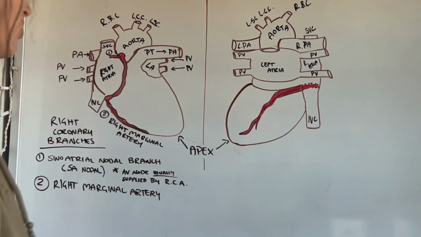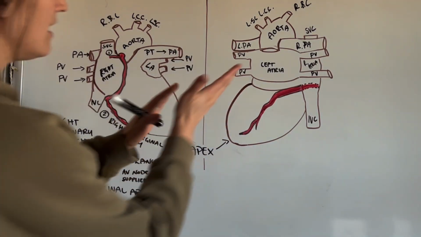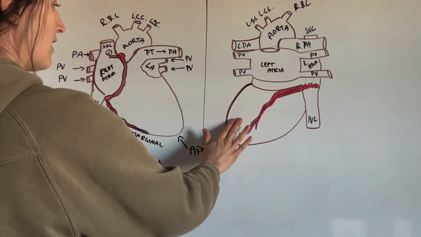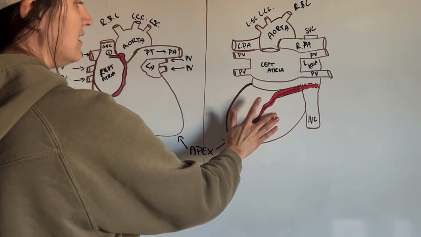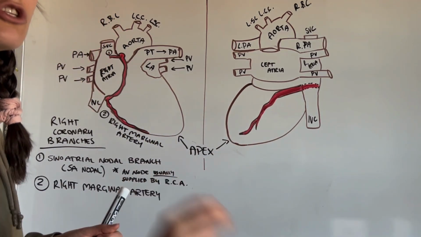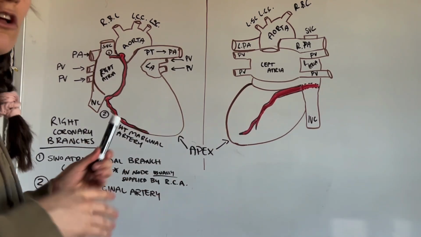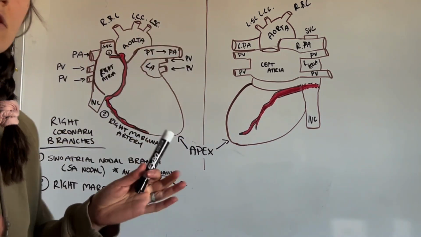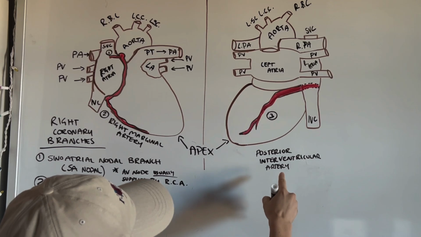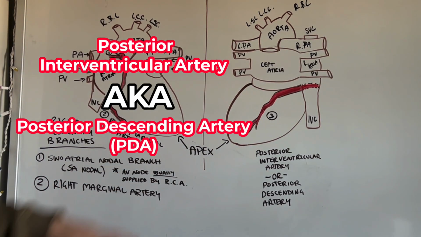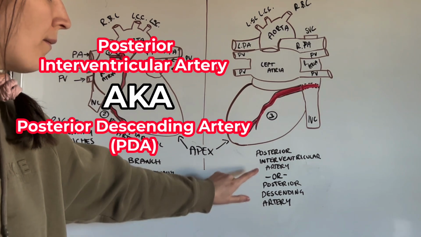So this branch on the back side of the heart, in between the two ventricles, so if you can imagine this is the left, this is the right, it's in between them. That usually is inter, means between, ventricular, interventricular artery, but it's on the back side, so it's posterior. This is our posterior interventricular artery, also known as our posterior descending artery, PDA.